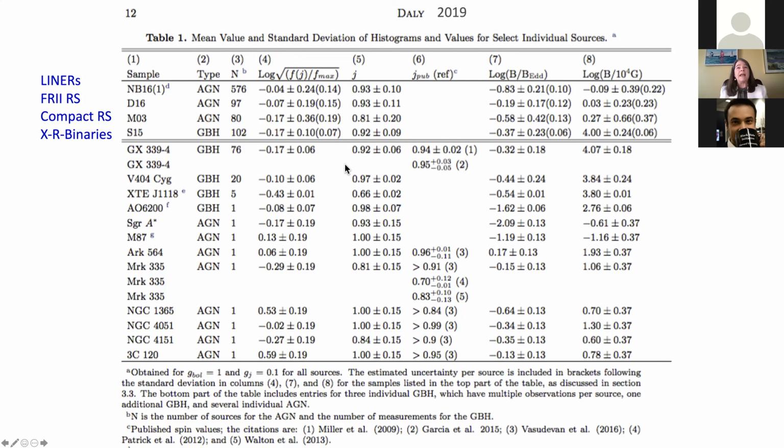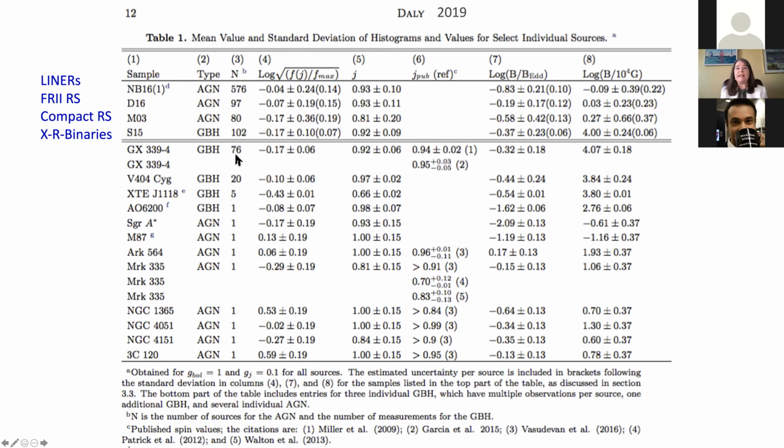Now, down in the bottom part of this table, I'm comparing results obtained with this new method and results obtained independently. For the galactic black hole system GX339-4, I used the Sakai et al. paper where they had the simultaneous radio and X-ray luminosities.